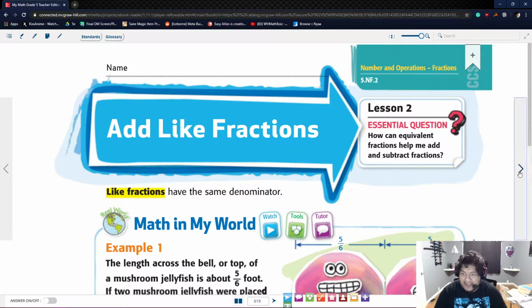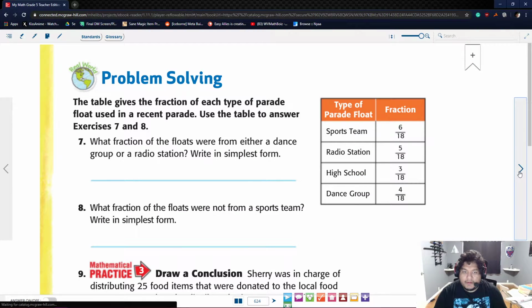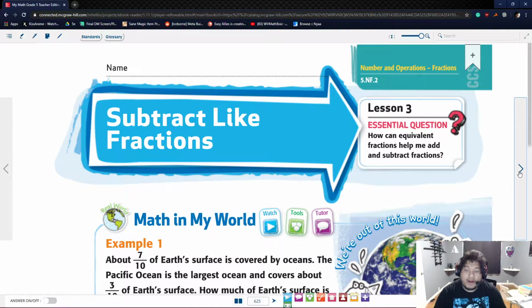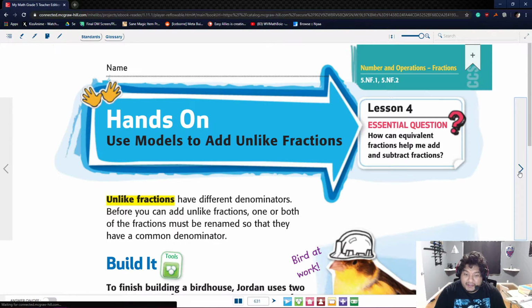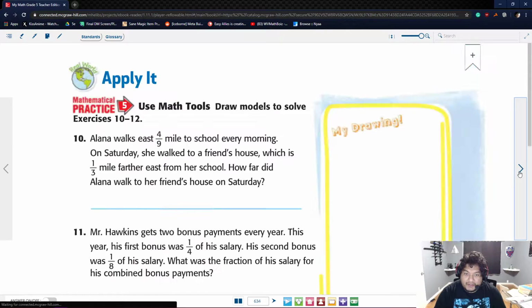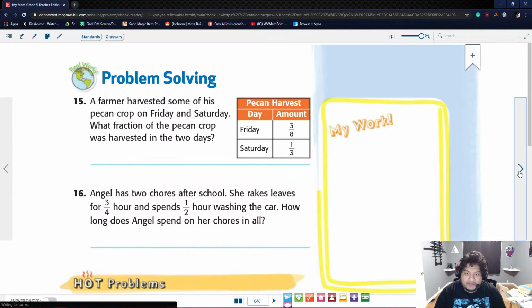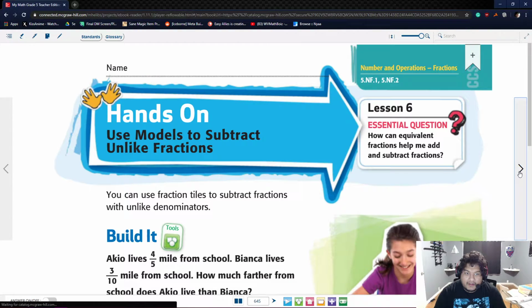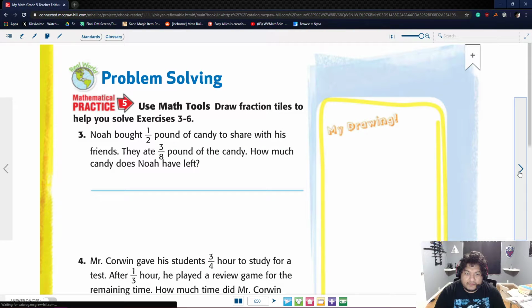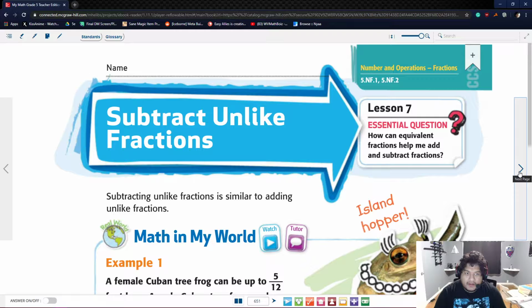But next time, we'll subtract like fractions, and then surely we will be adding and subtracting unlike fractions.